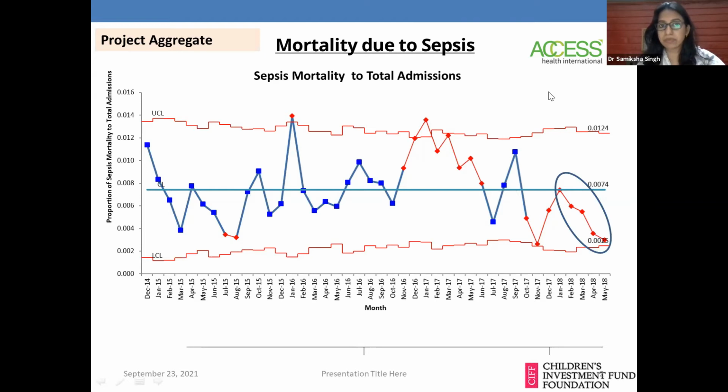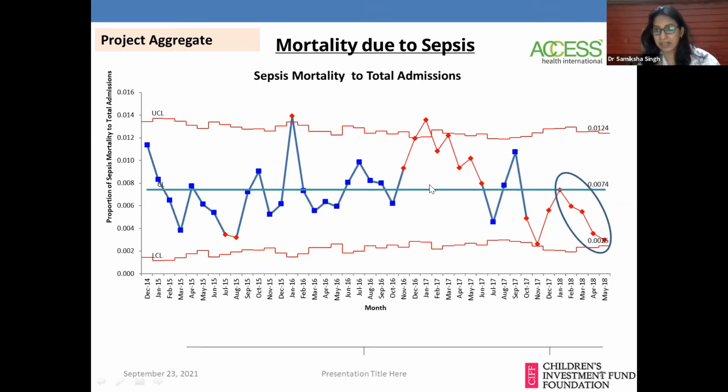Even recording for sepsis is not properly done in our SNCUs, so the recording for sepsis and hospital acquired infection was properly done, and they kept a record of every admission case and the diagnosis properly. So in this project, along with the surveillance, they also did an intervention in a number of hospitals.